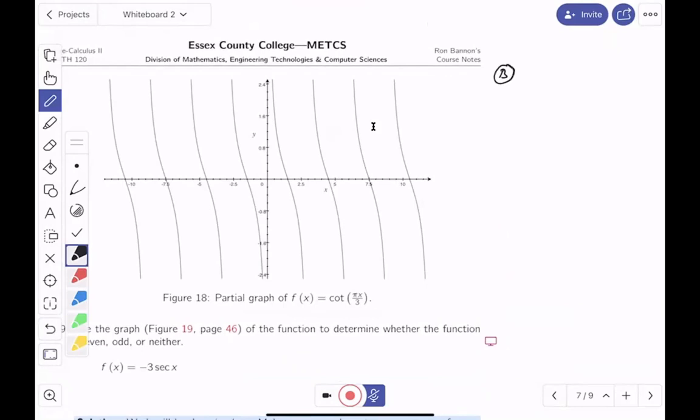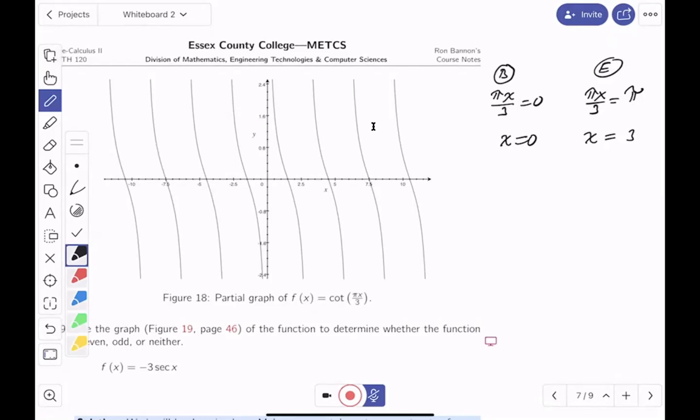The begin is when pi x over 3 equals 0. And it ends when pi x over 3 equals pi. So it's going to begin at 0, and it's going to end at 3. Now, when I say beginning and end, that's where the asymptotes are.